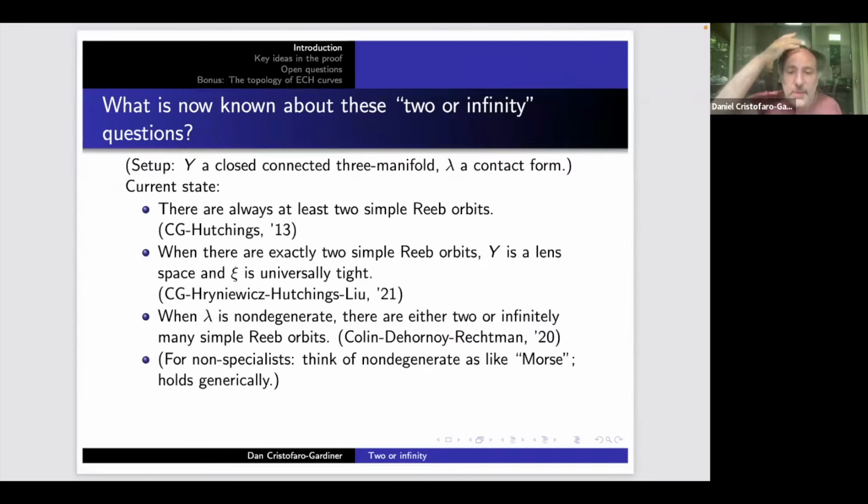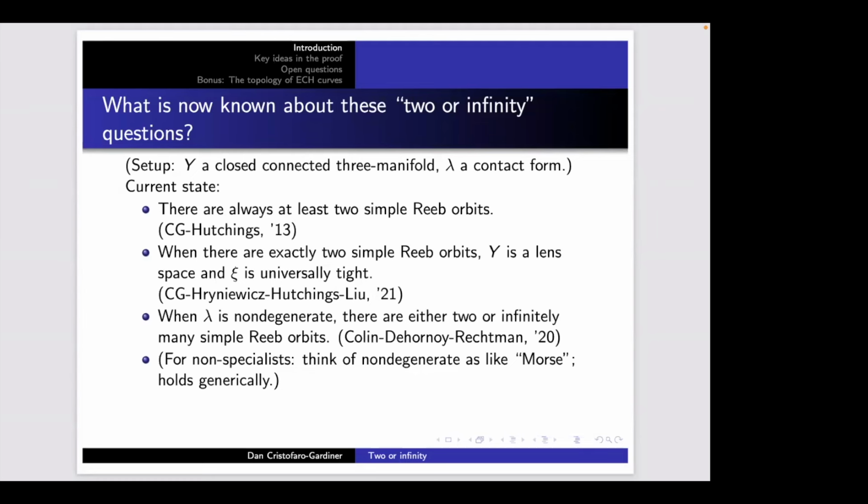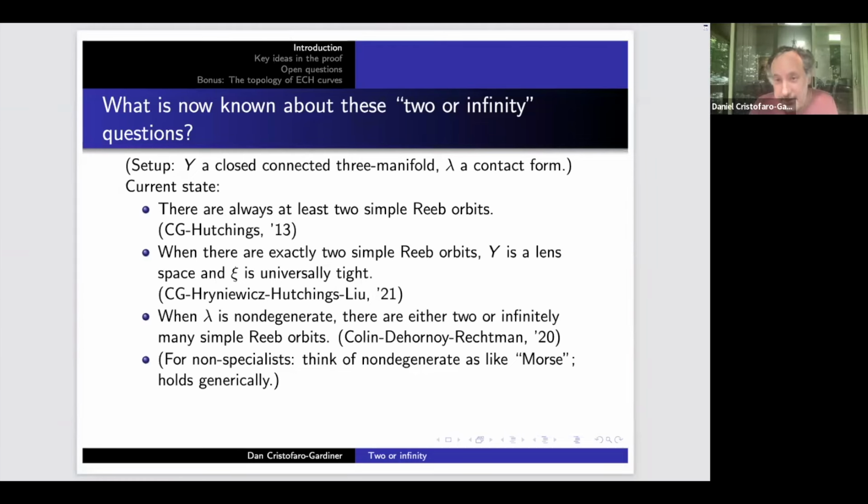The third bullet point is pretty much the state of the art. Namely, in the non-degenerate case, there are two or infinitely many simple Reeb orbits. But let me remind you of the second bullet point as well. It says that when there are exactly two orbits, the manifold is a lens space. If you combine those two bullet points, then if the contact structure is not torsion, the manifold cannot be a lens space.